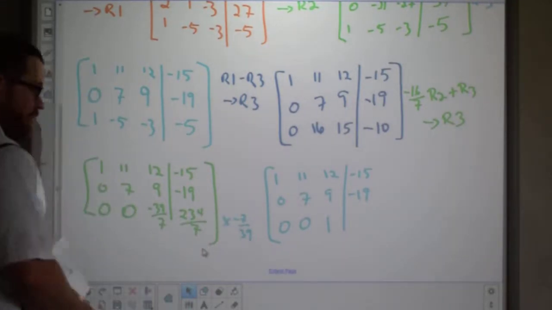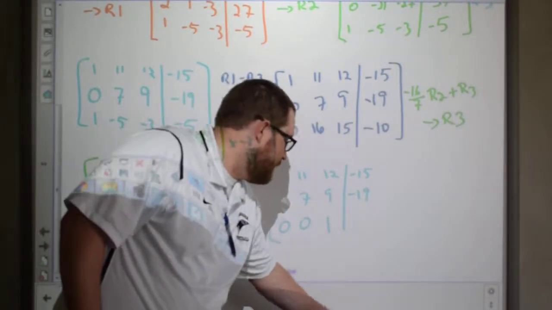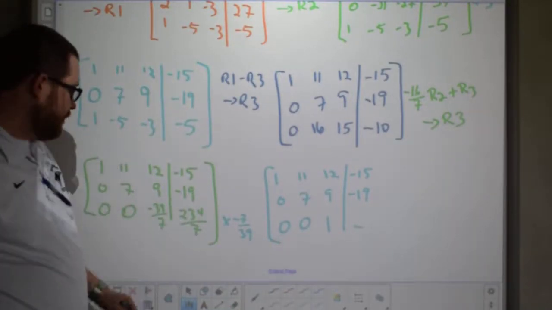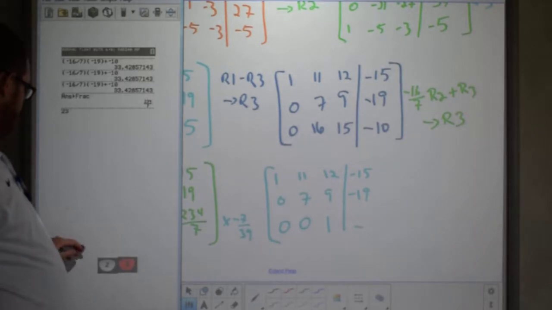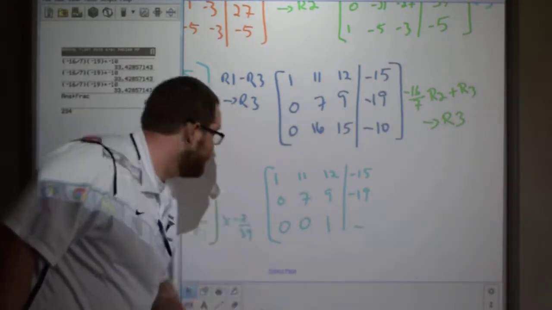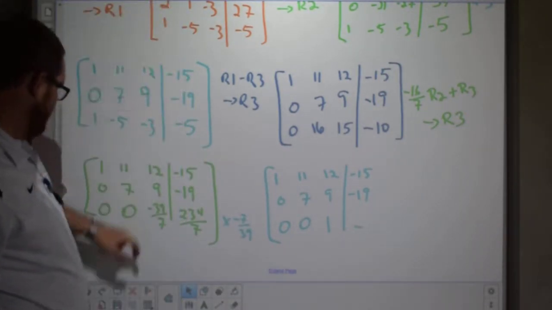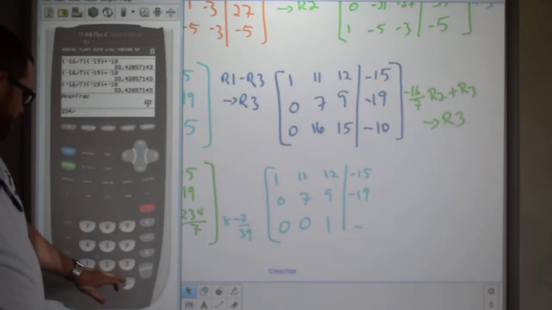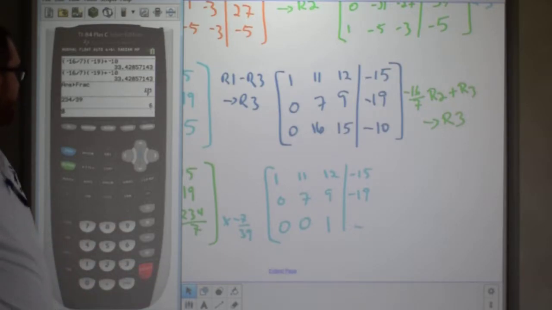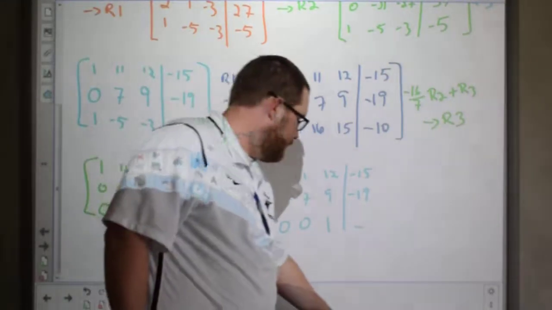Well, the 7s will cancel, so my answer is going to end up being negative whatever 234 divided by 39 is. This is weird. 234 divided by 39. Look at that, it comes out to be a nice even negative 6.